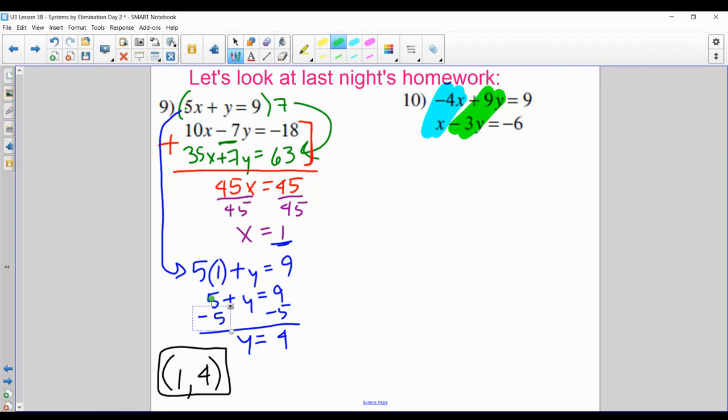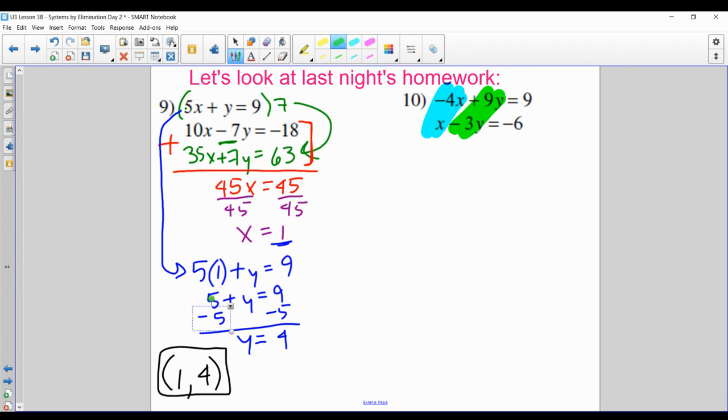If I were looking at the x's, I'd ask what I would have to do to make 1x match negative 4x. That's an easy one. I would just have to multiply by 4. Or I look at the y's and ask what I would have to do to make the negative 3 match with 9. I would have to multiply by 3. I can do either one, so it is up to you.